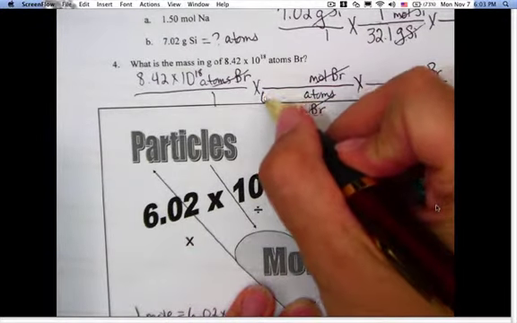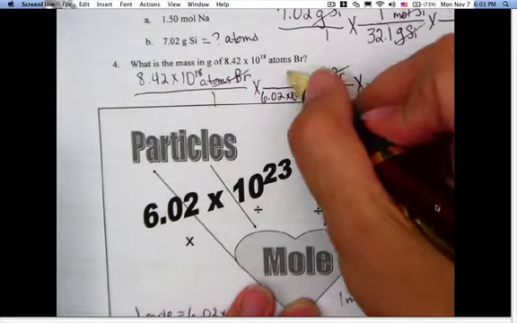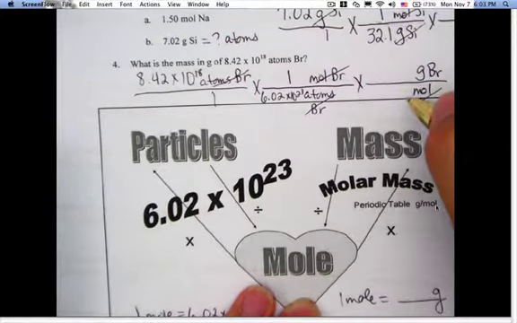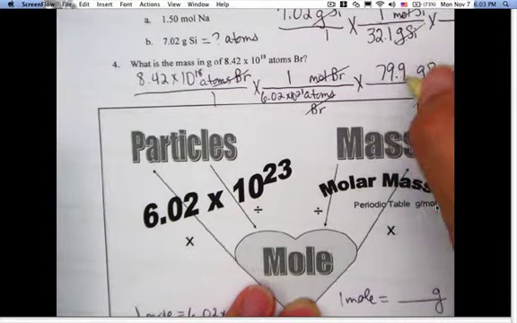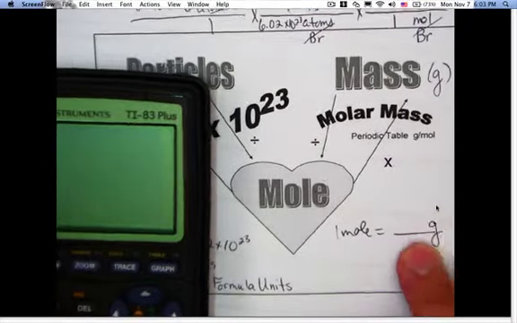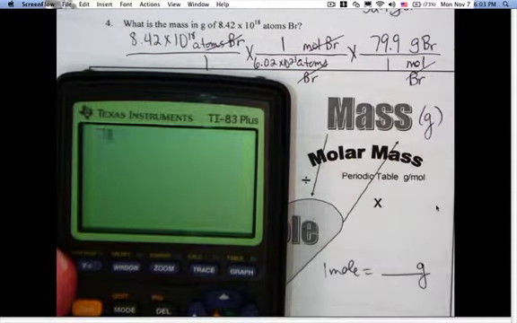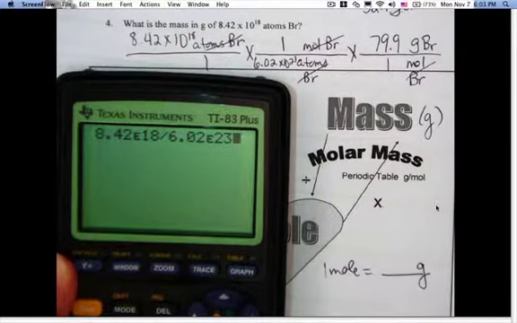Okay, there are 6.02 times 10 to the 23rd atoms of bromine in 1 mole. And bromine's molar mass is 79.916, so 79.9 grams for every 1 mole. Alright, so what I do next is multiply the top, divide by the bottom. 8.42 E18 divided by 6.02 E23 times 79.9.